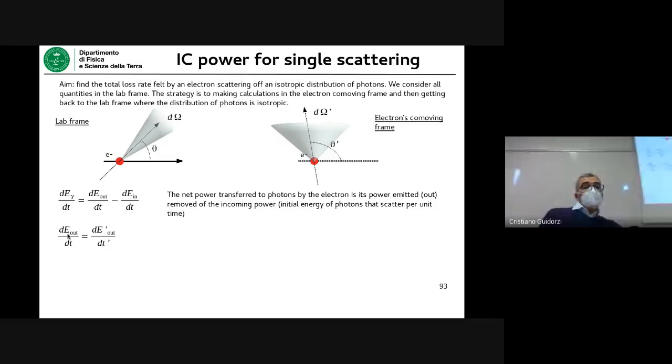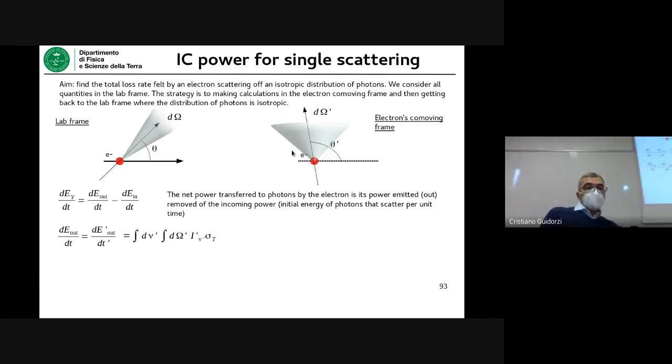But you know that this transforms, Lorentz transforms, exactly in the same way as time. So it means that their ratio is the same, where prime means calculating in the electron's comoving frame. So this ratio can be equivalently calculated in the comoving frame of the electron.